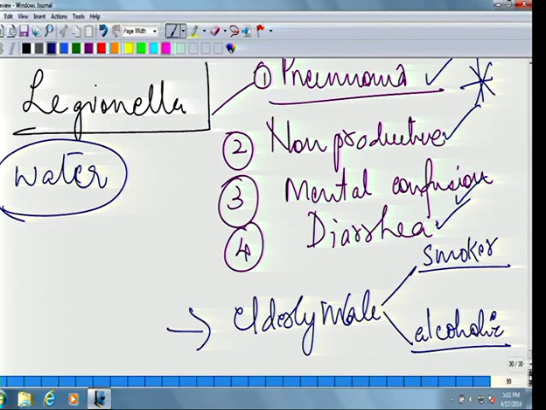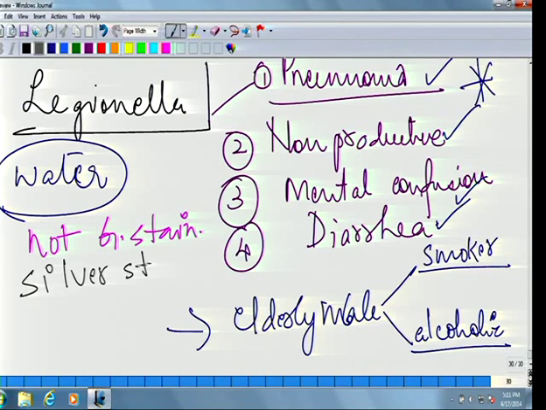Now, important thing to remember, it does not show up on a gram stain. So you have a case of pneumonia and they say that no microorganisms were seen in the gram stain. What's the alternative? Silver stain. What is the media used for growing Legionella?